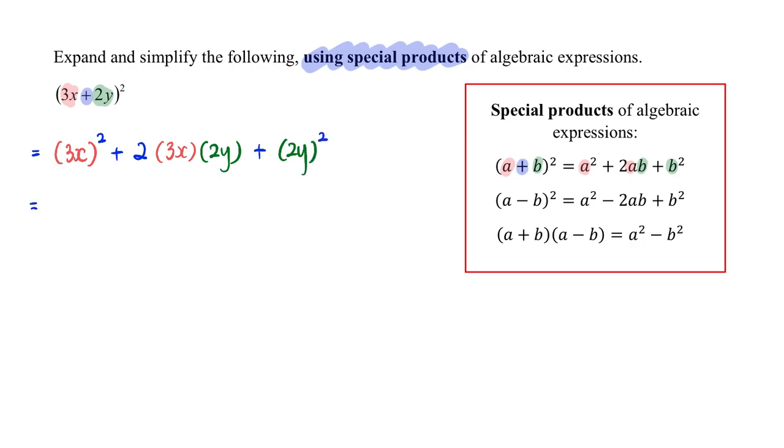After which I continue to simplify. 3x square is 3 times 3, 9, x times x, x power 2, plus 2 times 3 is 6, 6 times 2 is 12. Still got my x and y. 2y square is 2y times 2y, 2 times 2, 4, y times y, y square. And there's no more like terms. This will be the final answer.